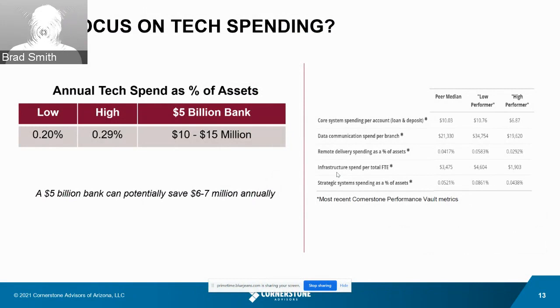Or you may be at a point, maybe your core systems are end of life, maybe your processes are so manual and inefficient because of your core that you can't improve those without a core change. So it's either a core commoditization strategy or something more like a core transformation strategy for banks that do need to make a change and can justify spending more on new core in order to improve efficiency, to improve customer experience, to improve risk management. So core is maybe commoditization, maybe a transformation strategy.